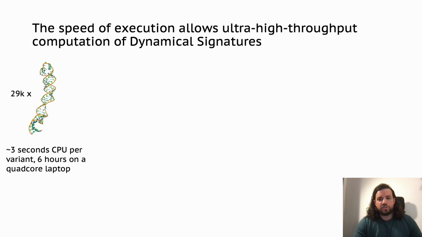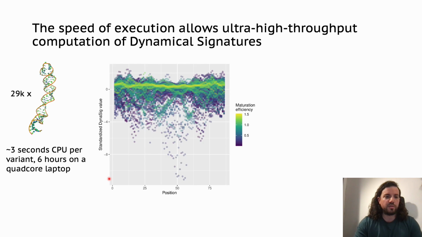So that's why we chose to study this in 3D with the ENCOM DynaSig ML pipeline, and it's really fast to do so. For the 29,000 mutants, computing each dynamical signature takes around 3 seconds CPU. So for example, on a modern quad-core laptop, this is 6 hours CPU time.